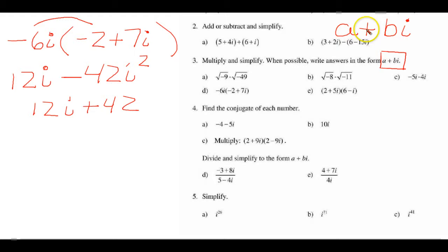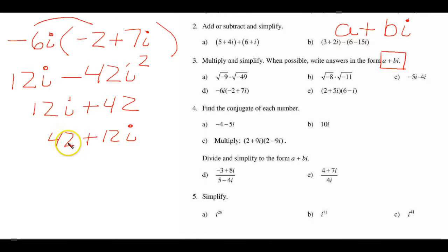This is the order we put them in. So the real number comes first, followed by the imaginary. Now, is this in correct order then? And the answer is no. This should be written 42 plus 12i.